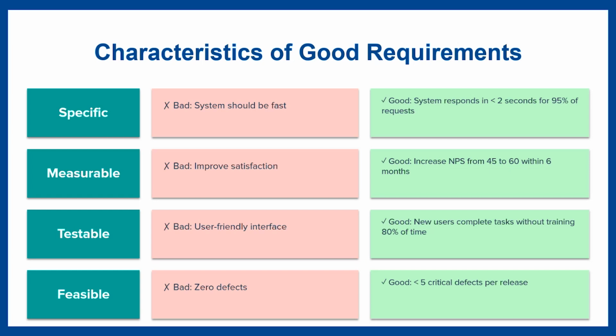That's not feasible. A good feasible requirement would be create a basic prototype of the automated system in 2 weeks. Why does this matter? Feasible requirements prevent frustration, delays, and project failures.